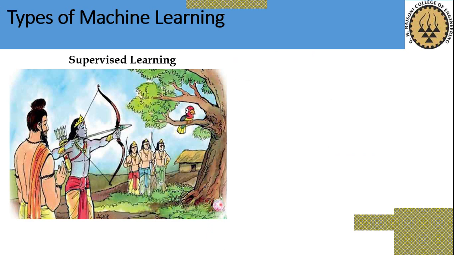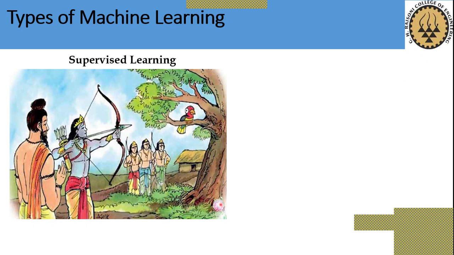So this is supervised learning. What do you understand from this diagram? In this image, you can see that there is one person. He is trained under the supervision of his guru or rishi.